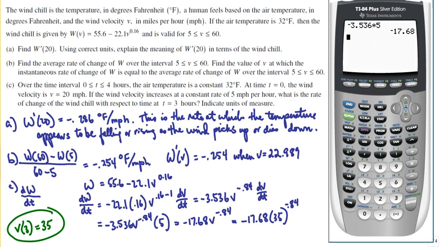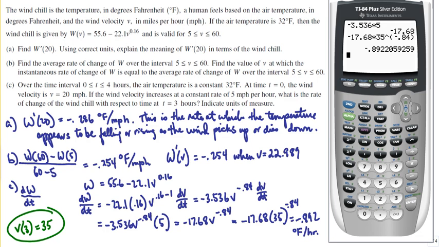I'm going to multiply negative 17.68 times 35 to the, and I want to put this in parentheses, negative 0.84, and that gives me negative 0.892. The units for that will be the units of W, which are degrees Fahrenheit, divided by the units of t, which is hours. And that should be the correct answer there.